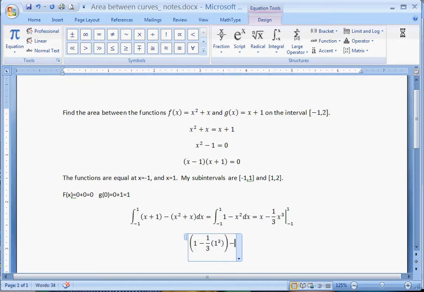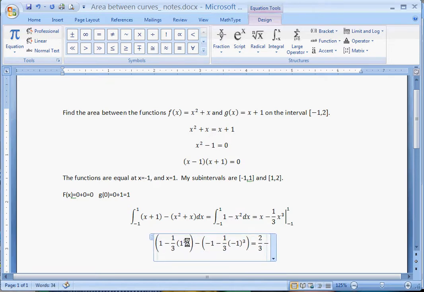Then I'll subtract evaluating the whole thing at -1. So I have -1 minus 1/3 times negative 1 to the third. And in this first piece, that comes out to just 1 minus 1/3, so that's 2/3.